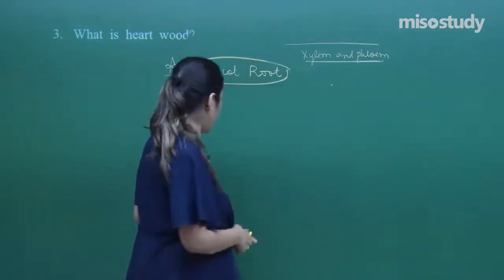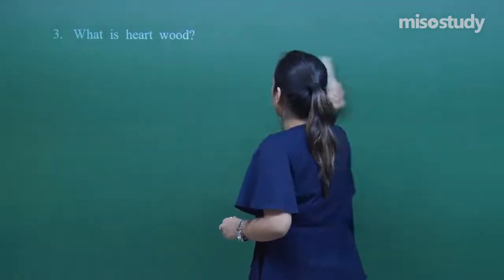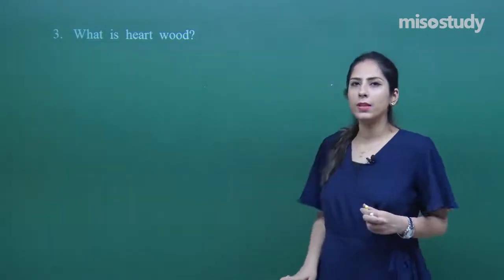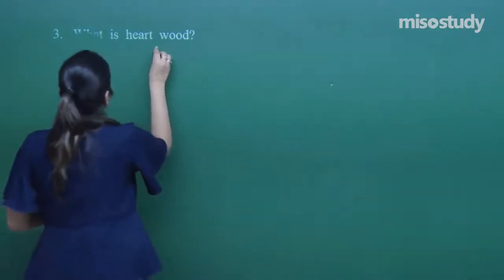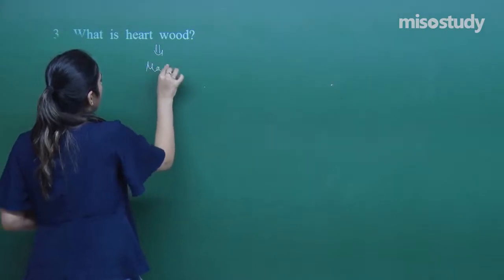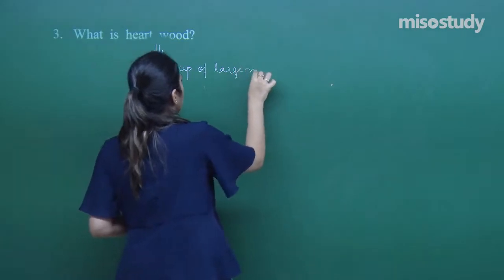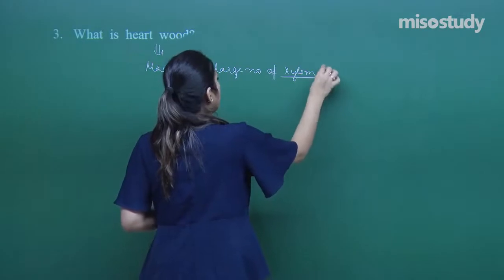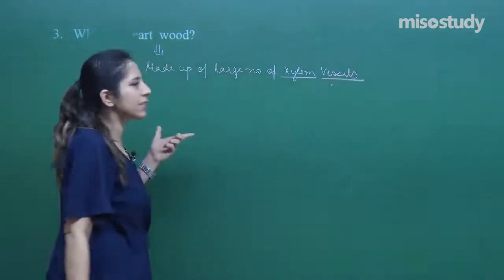Let's move towards the next question. Hope you have noted down this. What is heartwood? Heartwood is that wood in which the xylem is present, a hard wood, made up of a large number of xylem vessels, dark in color.